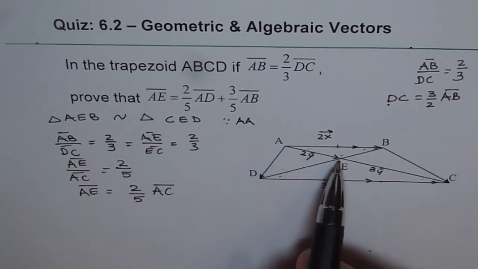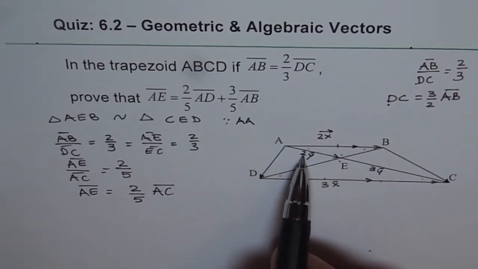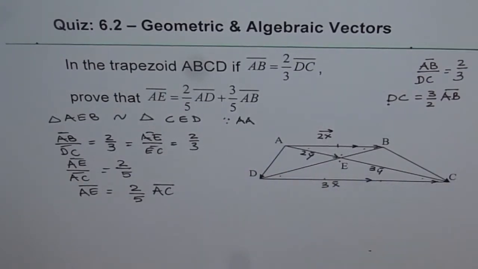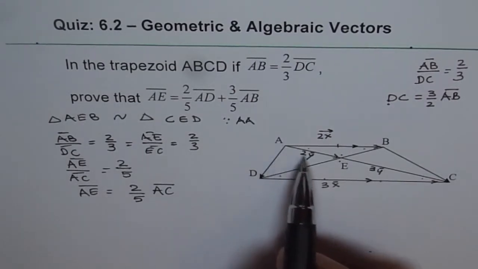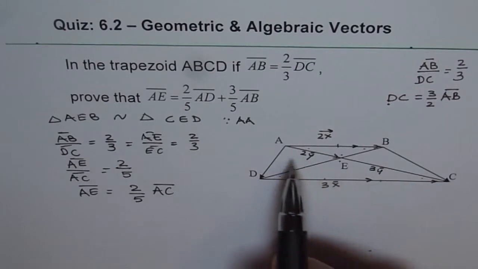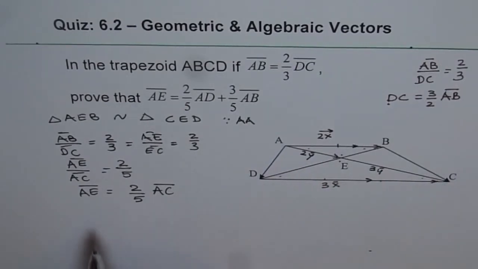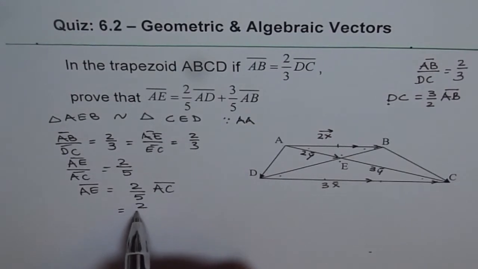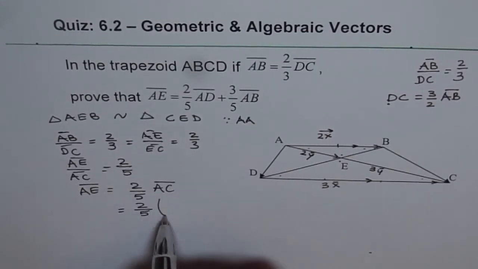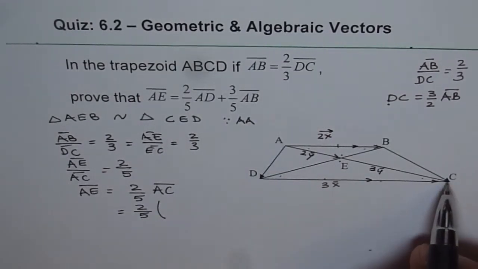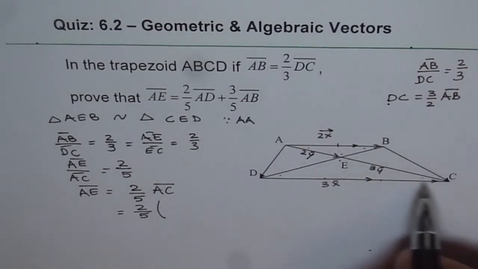So AE is 2 units, and AC is 2 plus 3, 5 units, right? So 2 over 5 of AC. Now what is AC equal to? AC is AD plus DC, correct? So I can write this as 2 over 5 of AD plus DC.